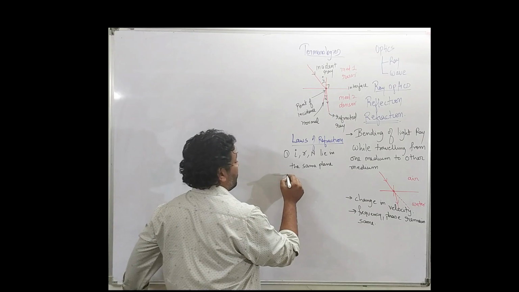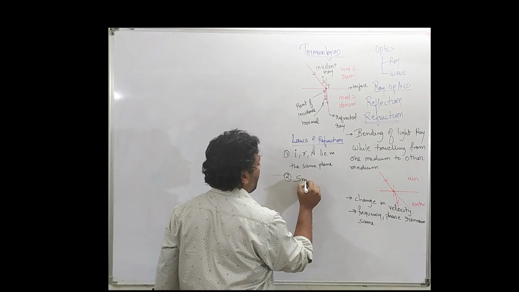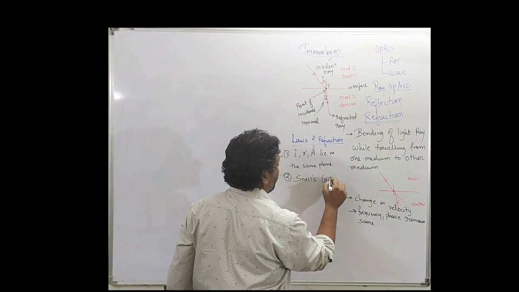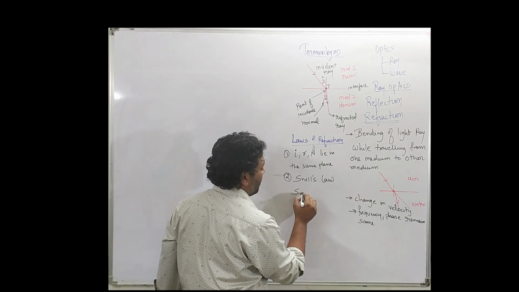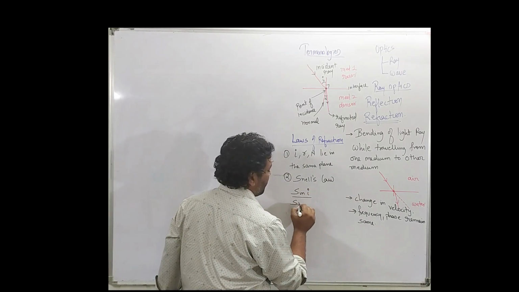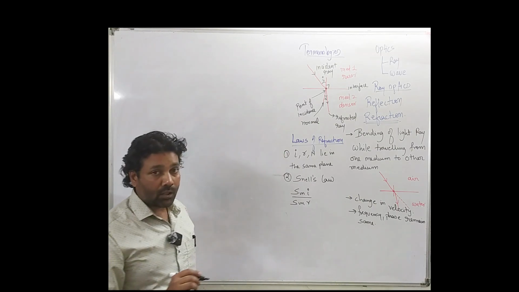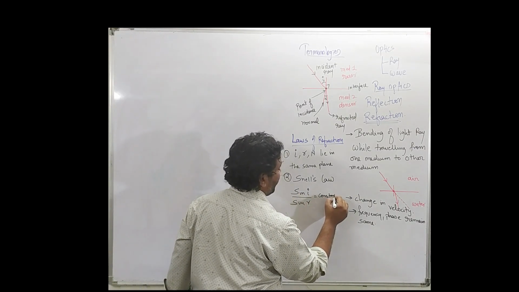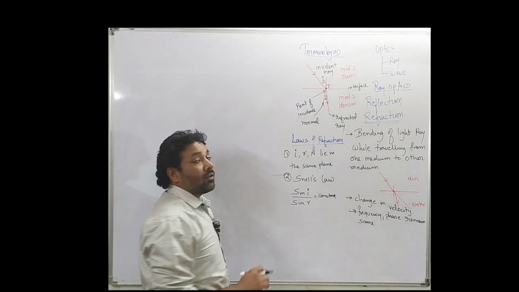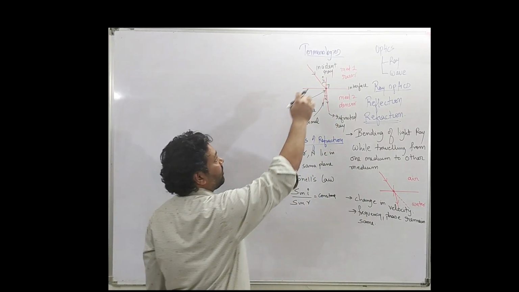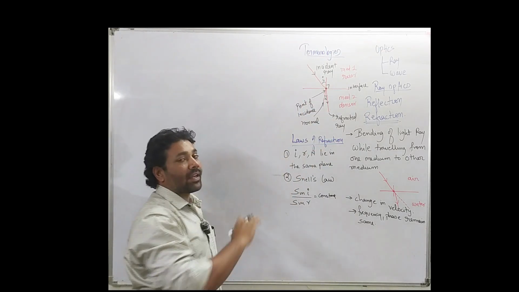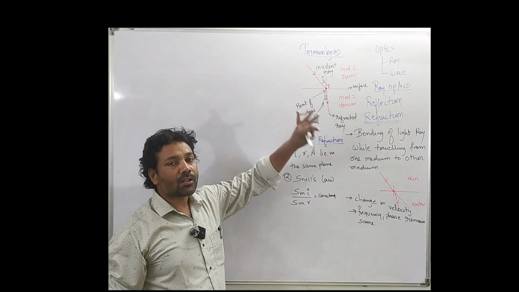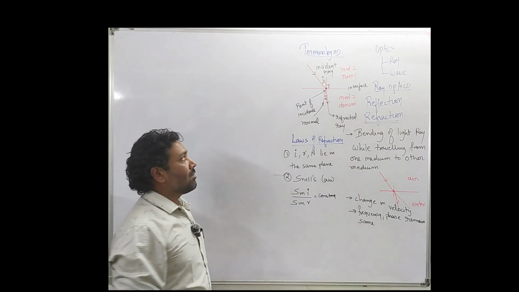Then the second law, the more important one, also called Snell's law. It states that the ratio of the sine of the angle of incidence to the sine of the angle of refraction always remains constant. It means that even if you change the angle of incidence, you will get some angle of refraction. You can do those measurements by practical methods.